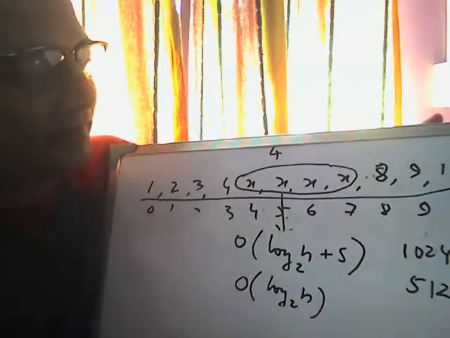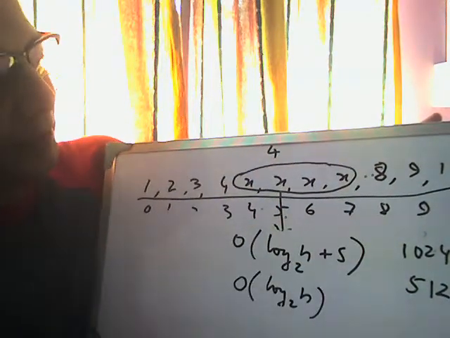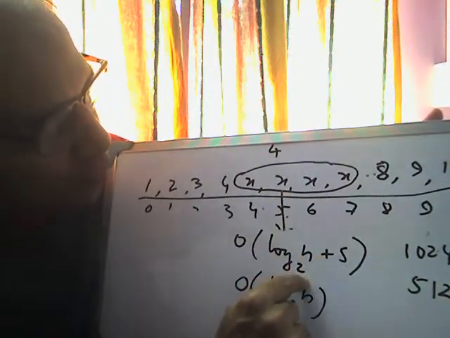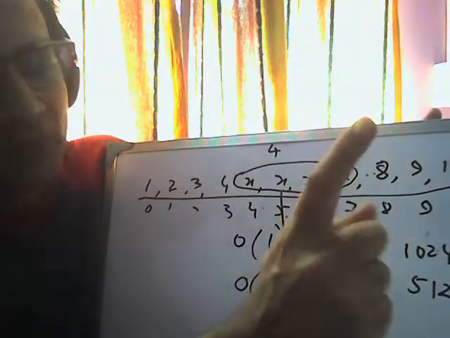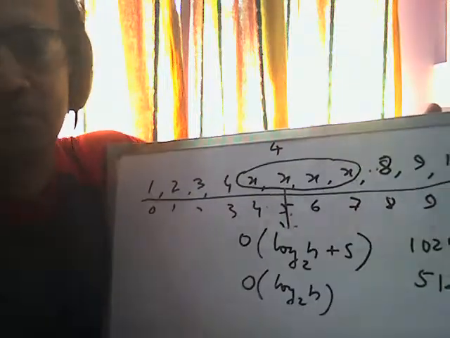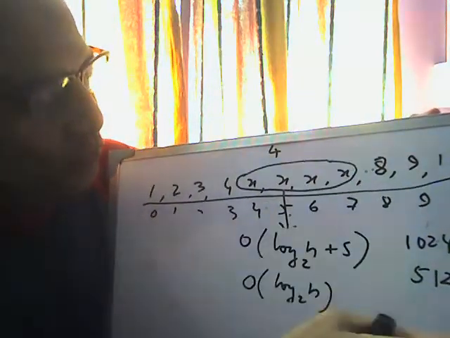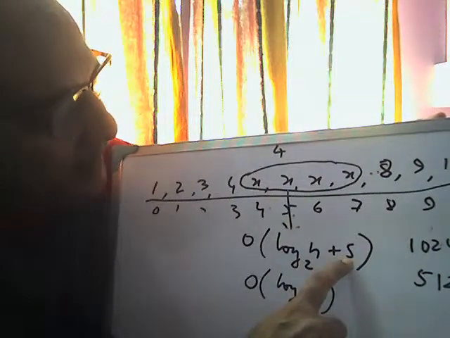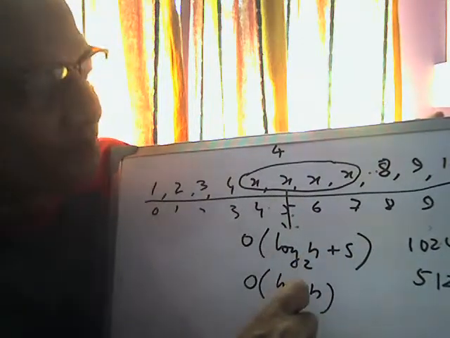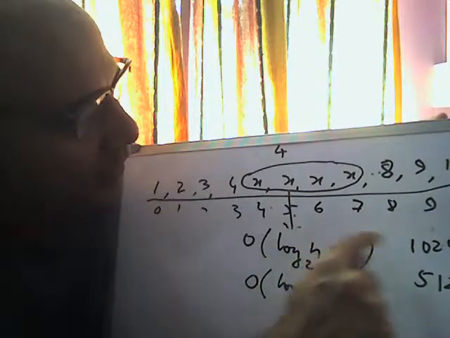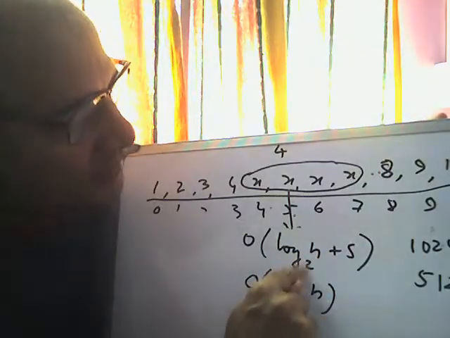Now, what is the behavior of the algorithm? This is basically n by 2, so log n base 2 plus n by 2. What is the complexity ultimately? I have told in that video that if s is greater than log n base 2, sometimes it may happen. You see, log 1024 base 2 is 10.